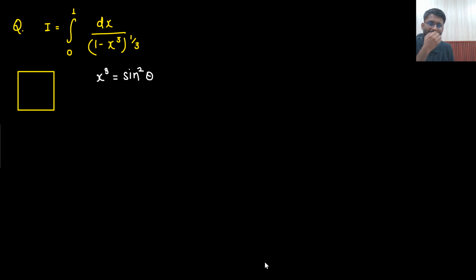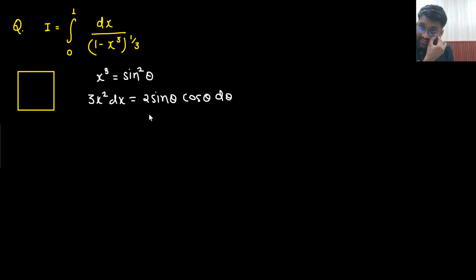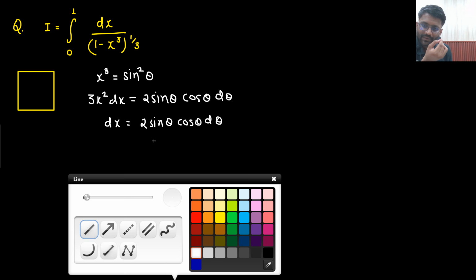sin square theta. Understandable? So what will I get from here? I will get 3x square dx equals 2 sin theta cos theta d theta. Right? So what will be the value of dx? dx will come out to be 2 sin theta cos theta d theta divided by 3x square.